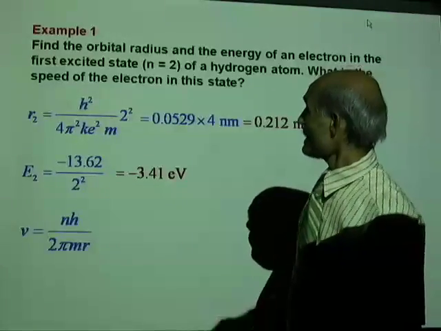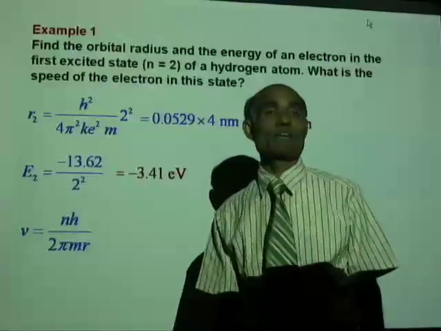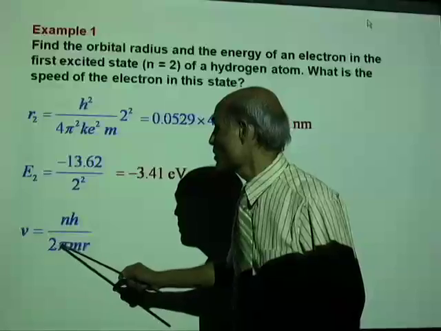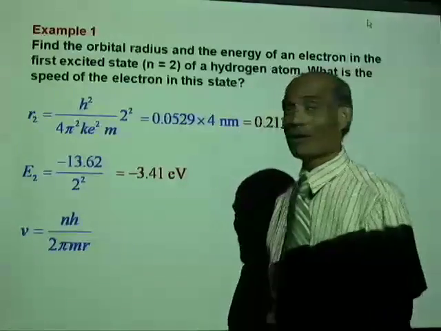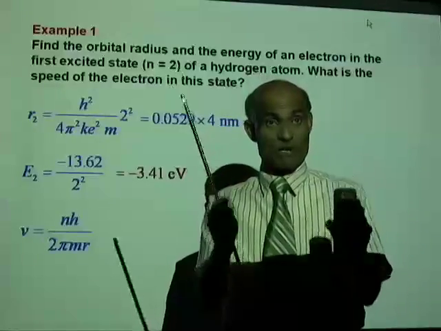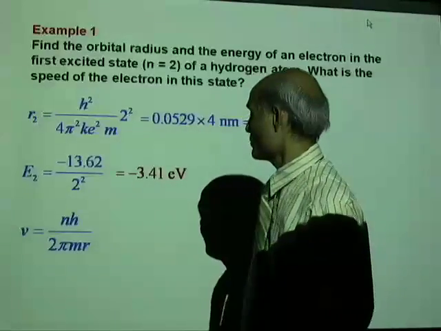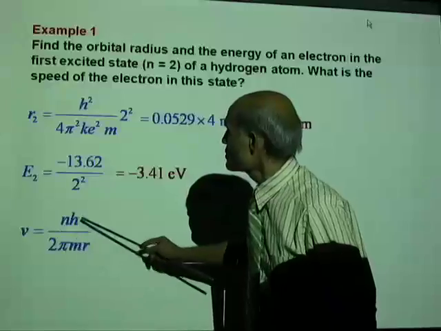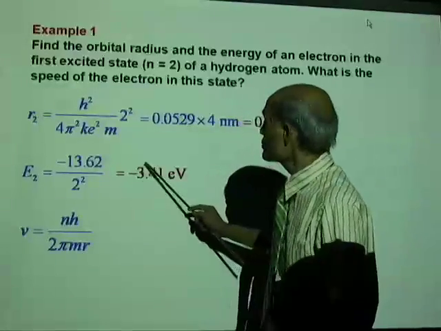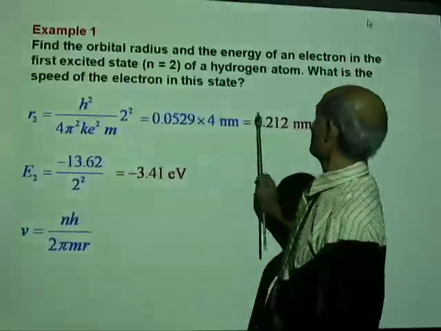All right. And what is the velocity of the electron in that orbit? v equal to nh over 2 pi m r. We had that again obtained earlier. So keep track of all these simple relations. And all we need to do is now put in all these values, where this r is this value.